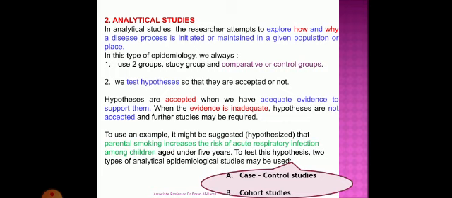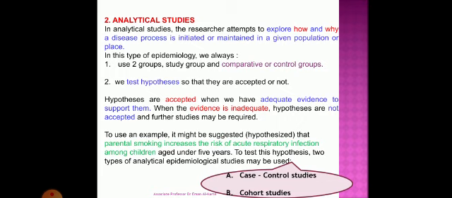So the hypotheses are accepted when we have adequate evidence to support them. We are going to explain how we are going to see if there is an association or not, and whether the hypothesis will be accepted or not. When the evidence is inadequate, the hypotheses are not accepted and further studies may be required.